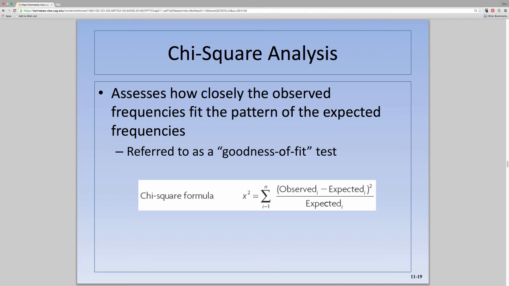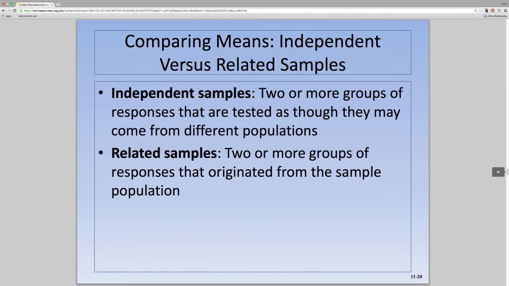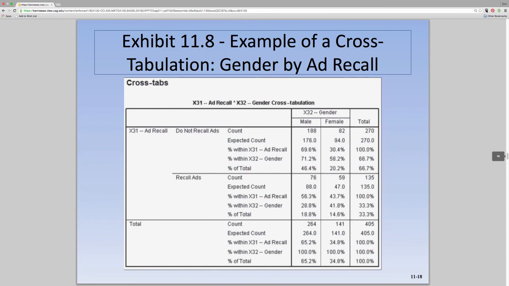So to give you an idea of what that means, let's go back over to here. If we look overall at the sample, 2/3 of all respondents did not recall, and 1/3 of respondents did recall. So we would expect that 2/3 of men and 2/3 of women would not recall, and 1/3 of the men surveyed and 1/3 of the women surveyed would recall.